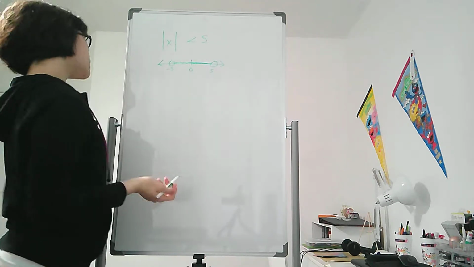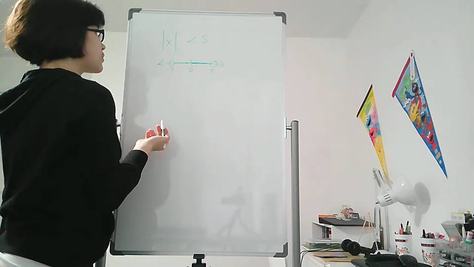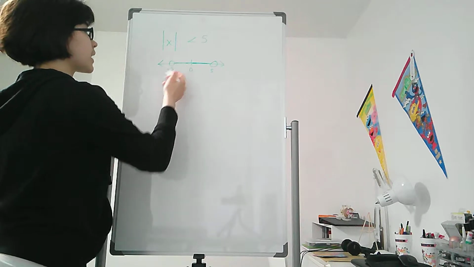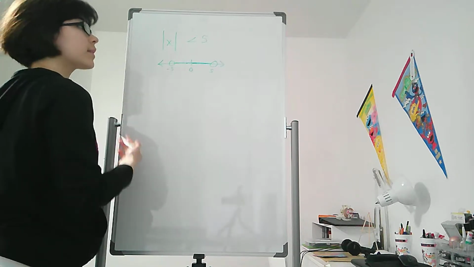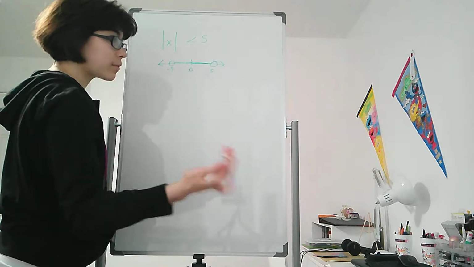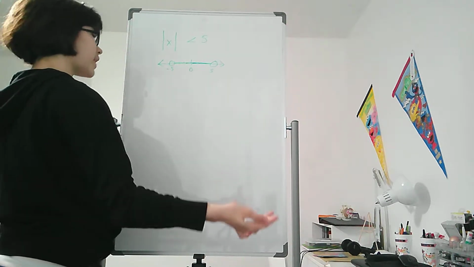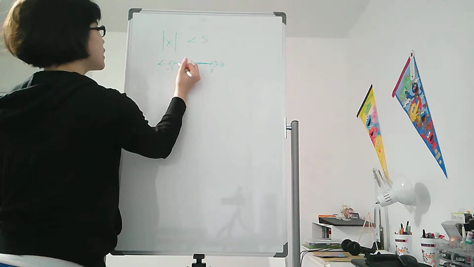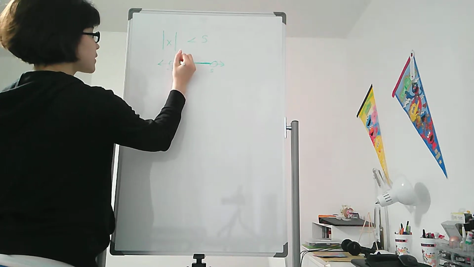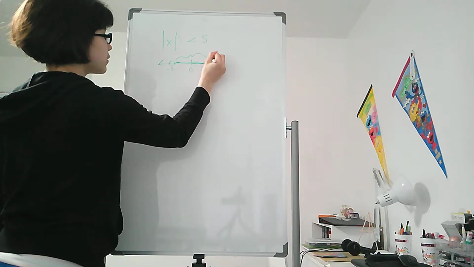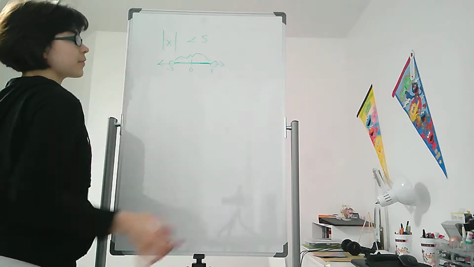But then you've also got to consider the other side of the number line where we have things like -1, -2, -3, -4. Those are negative, but they are still less than 5 units away from 0, just in the opposite direction from positive. So our solutions are going to encompass this area between -5 and 5.